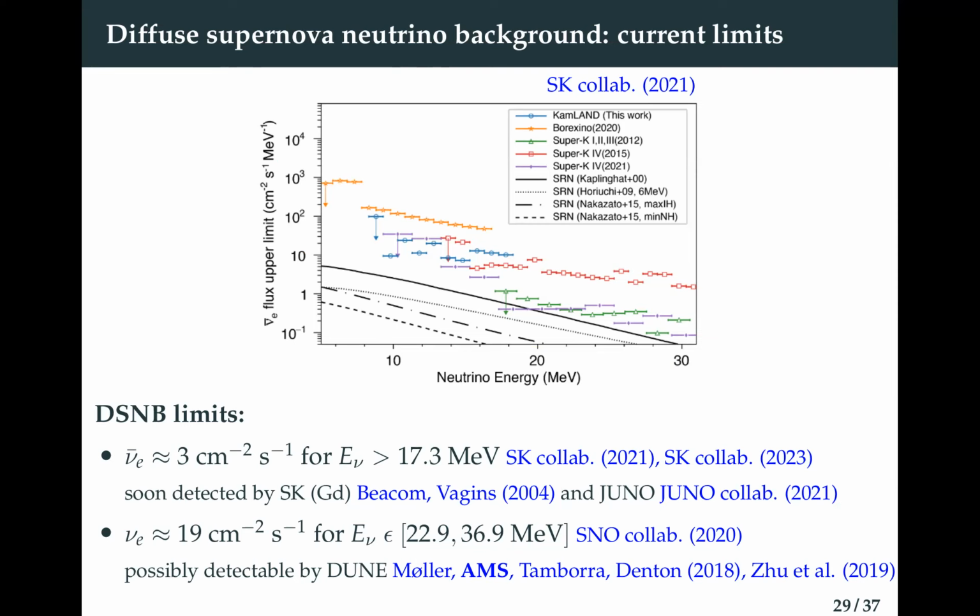So that's why, for Super-K, I am excited that maybe there will be a detection of the DSNB soonish. The limits for the electron flavors are about an order of magnitude worse from SNO, and possibly it is detectable by DUNE, depending on how well they do with the spallation backgrounds. And if they do well, maybe they should see the DSNB.